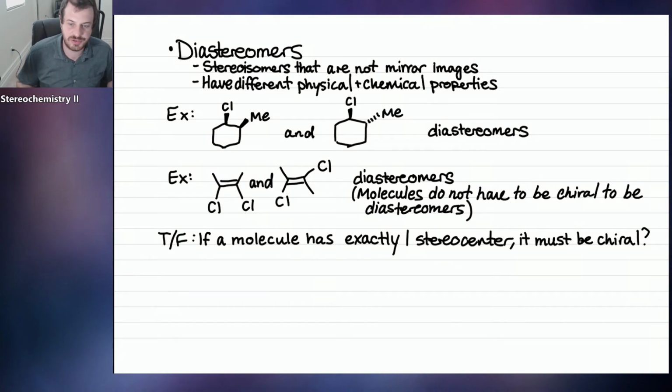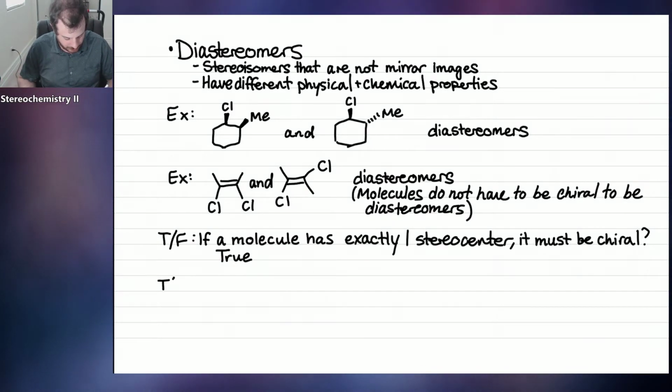The answer is true. If you have a stereocenter, that means you have a carbon with 4 unique attachments. If you have a carbon with 4 unique attachments, you cannot have a plane of symmetry. So therefore, the molecule must be chiral.